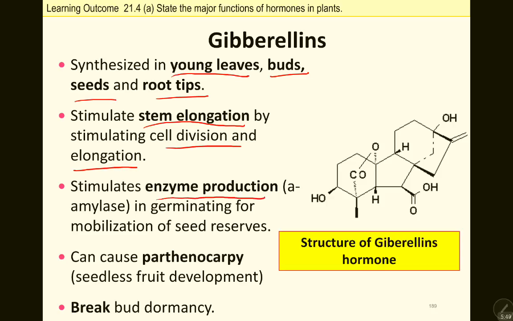Stimulate enzyme production in germinating seed for mobilization of the seed reserve. It can cause parthenocarpy. Parthenocarpy means seedless fruit. Originally it has seed, but some of them do not have seed. For example, grapes, right? So this is caused by the gibberellin.